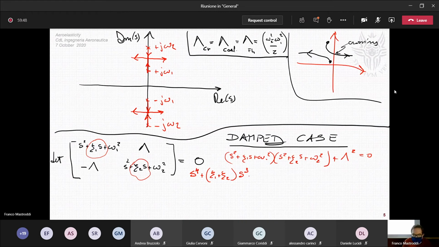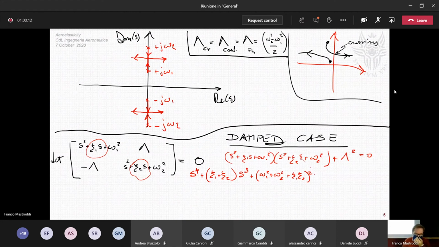We have the second order term given by this contribution, which is the natural frequency of the system, but we have also this contribution by this product here, multiplying s squared.